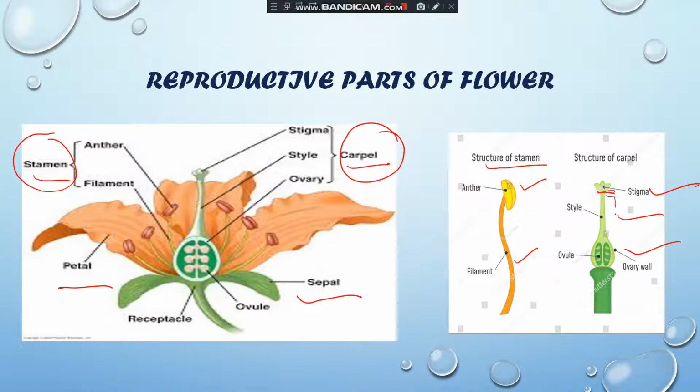Style is a long, tubular structure that connects the stigma to the ovary. Ovary is the swollen part you can see over here, and it contains the ovule, and the ovule has the female gamete, the egg cell. Understood? So these are the reproductive parts of the flower, stamen and carpel.